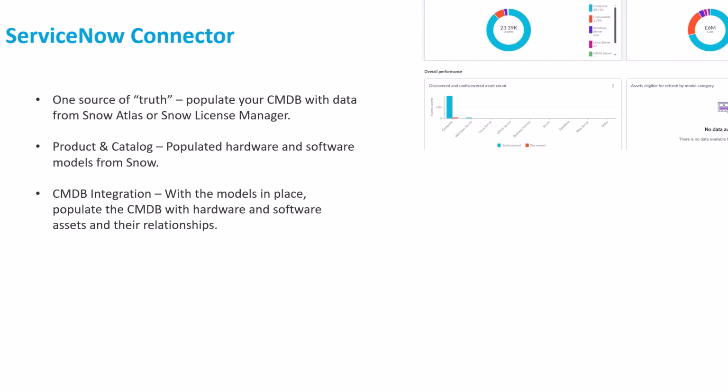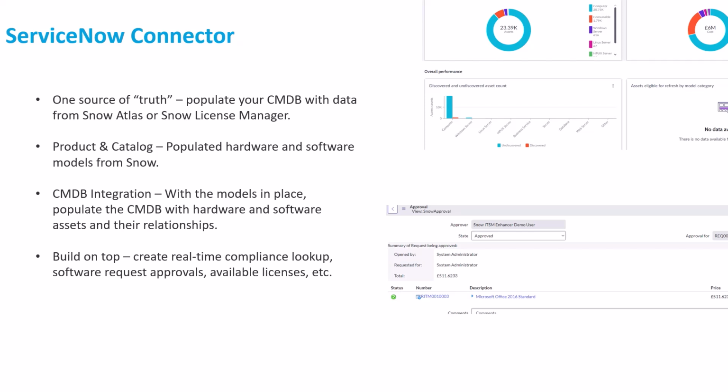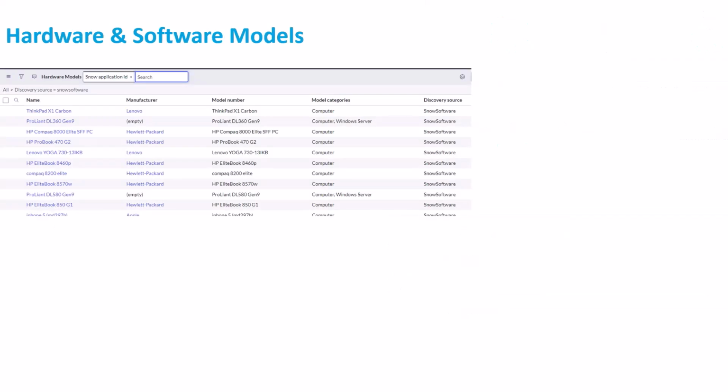With the ServiceNow connector, you can enrich your data with this same normalization, and the CMDB integration, once the hardware and software models are in place, populates the CMDB tables with this data and their relationships. Remember that the ServiceNow connector is made up of two equally essential parts, the catalog connector and the CMDB connector.